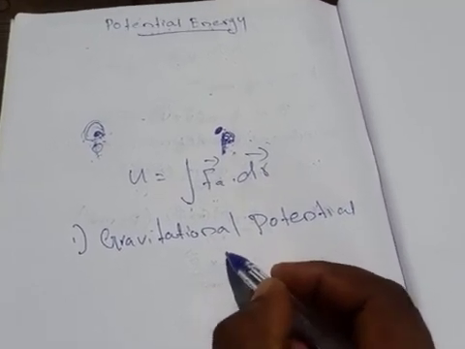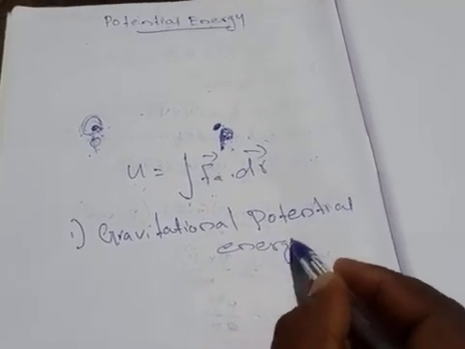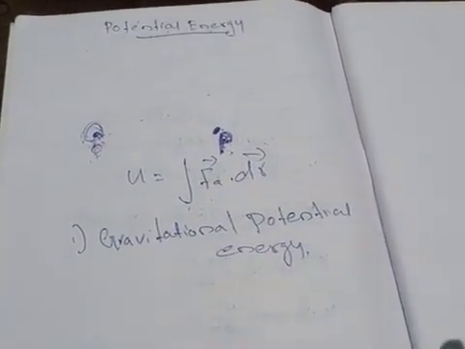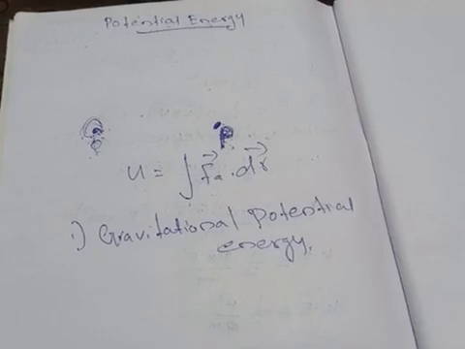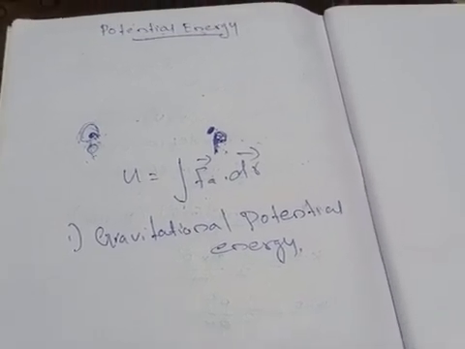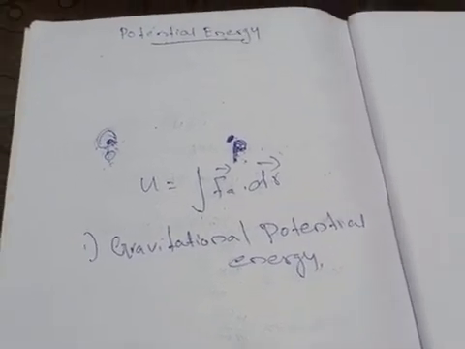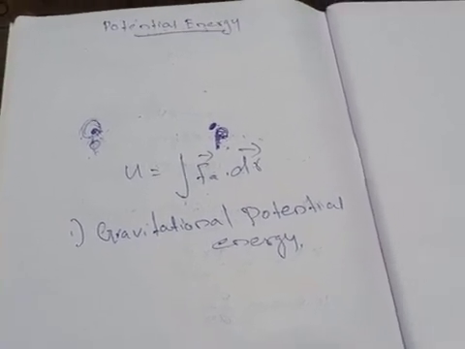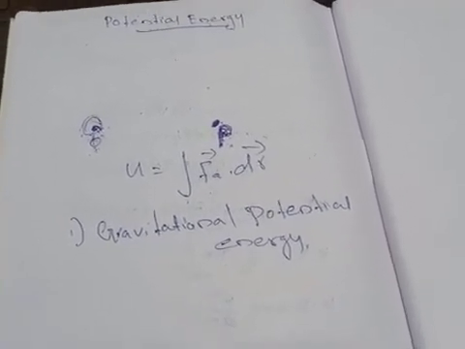possesses gravitational potential energy. And in your classroom the blackboard is lifted upward so that you can see the writing on the board clearly. So the board possesses gravitational potential energy.